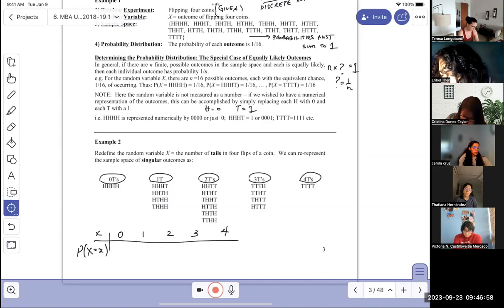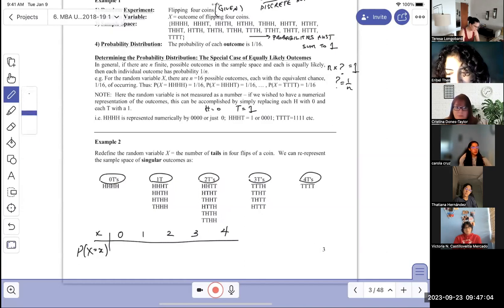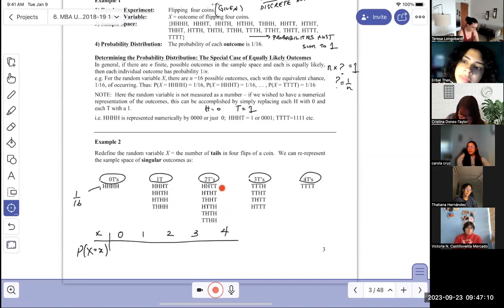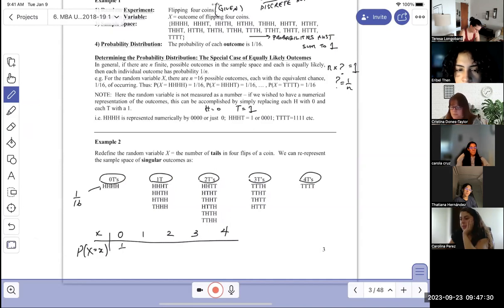And my probabilities are going to be based on how many of these I see. Each one of these has a 1 in 16 chance. So what is the probability of each one of these outcomes? It will be 1/16 times the number of outcomes. So for example, 1 T will be 1/16 plus 1/16 plus 1/16 plus 1/16.